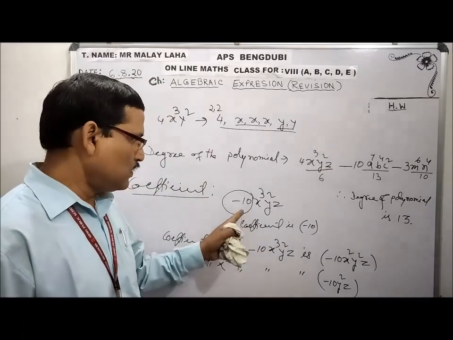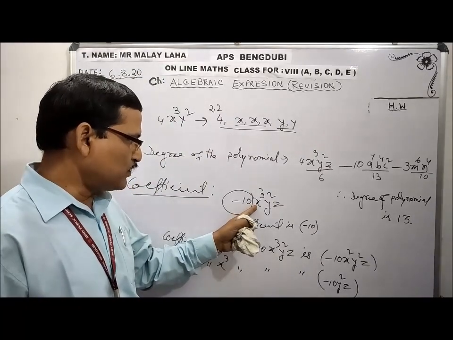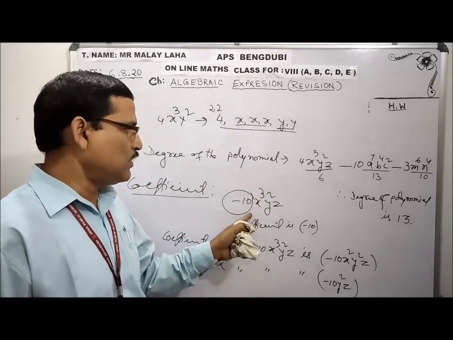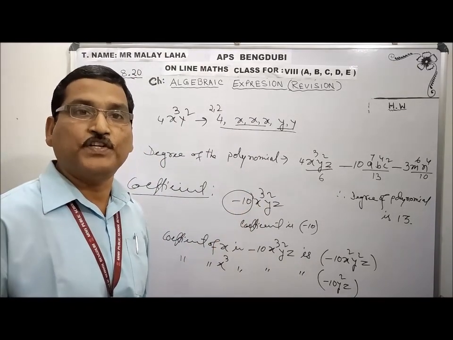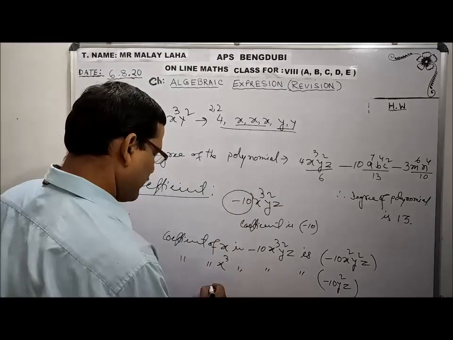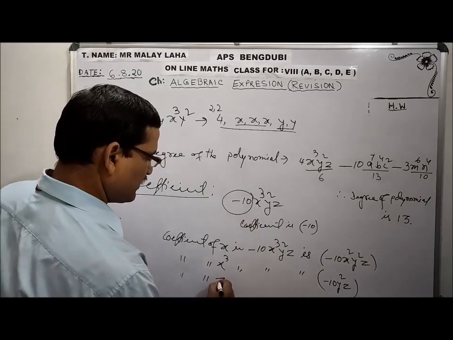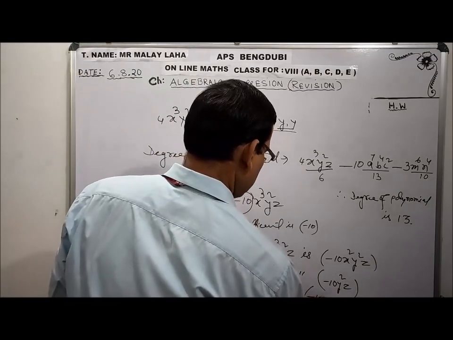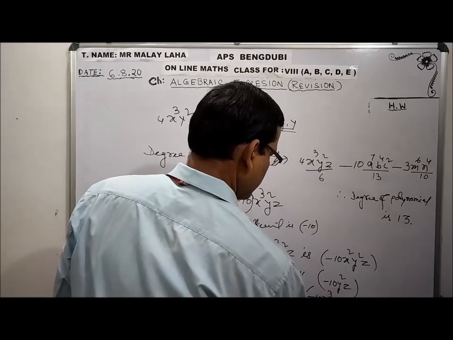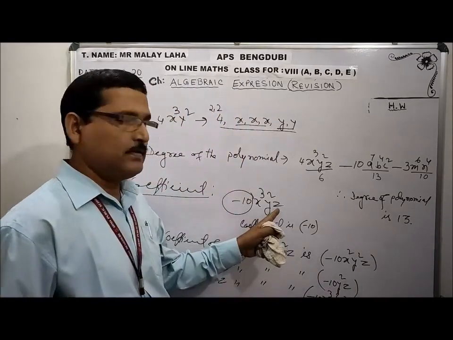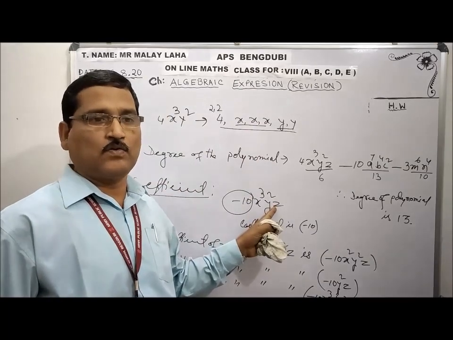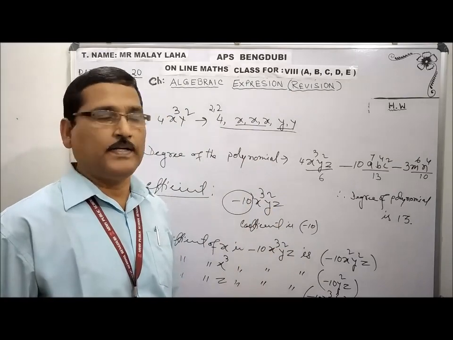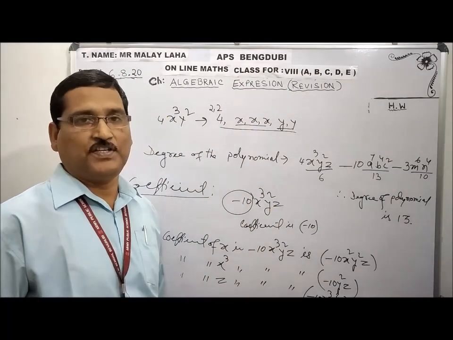So when I am talking about the coefficient of x cube, leaving x cube, the remaining part will be the coefficient of x cube. Now if I say coefficient of z in this term, it will be minus 10 x cube y square. If I say coefficient of z, leaving one z, taking all the remaining part, that is the coefficient of z in this term.